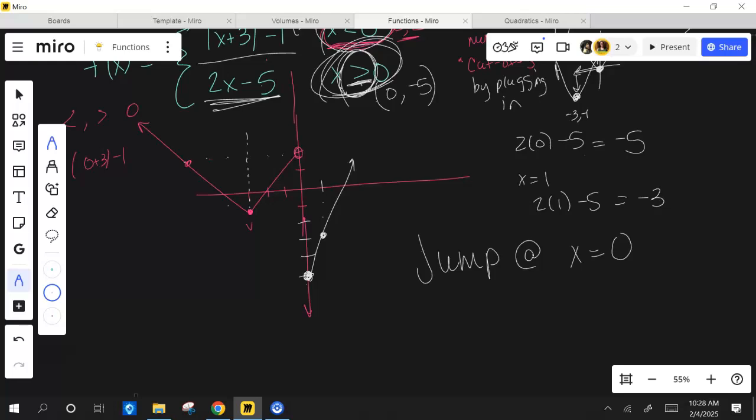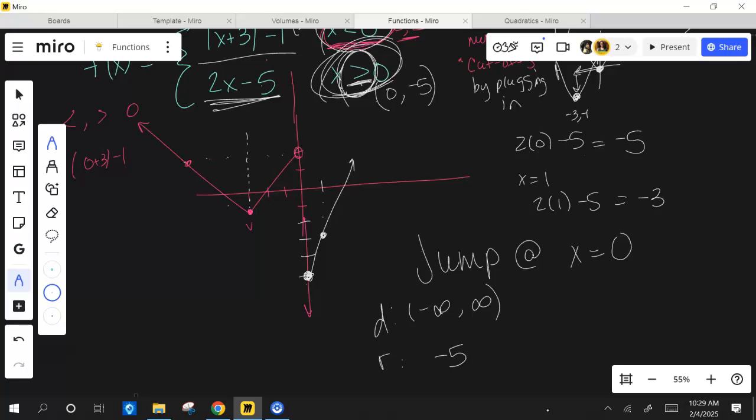What is the domain of this function? Okay, domain's easy, right? Negative infinity to infinity. Now be careful before you answer this. What is the range of the function? -5.